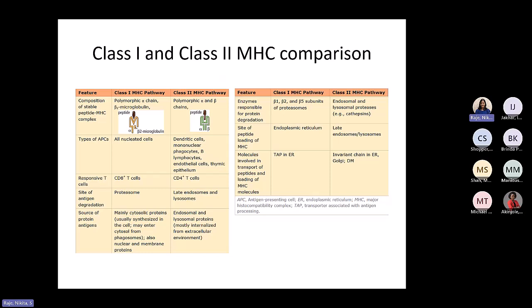The site of antigen processing is the proteasome in class 1 MHC, and endosome and lysosome for class 2 MHC. We talked about the source of protein antigen. This is more in detail, so looking at what kind of subunits of proteasomes are important here: beta 1, beta 2, beta 5. Why are they important?